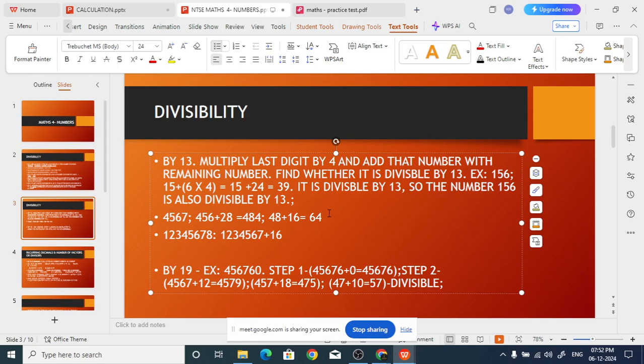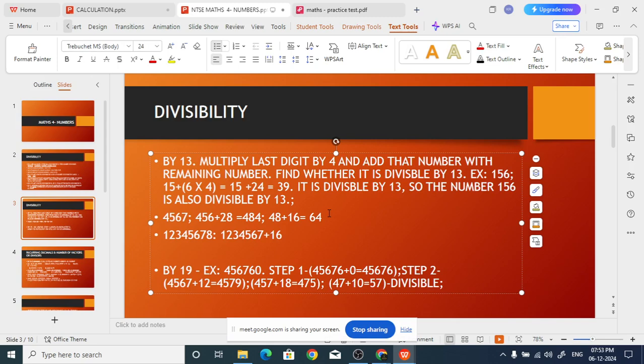Add 12 to 4567, that comes to 4579. Again, 9 multiplied by 2 is 18. 457 plus 18 is 475. That 5 multiplied by 2 is 10. 47 plus 10 is 57. Is 57 divisible by 19? Yes, sir. So you can say 456760 is divisible by 19.